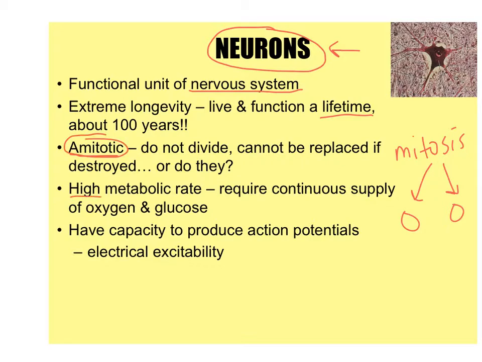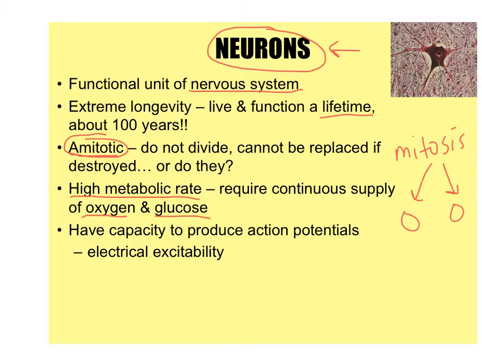What else do you need to know? They have a high metabolic rate. That's why a large percentage of the food you take in and the oxygen you breathe goes straight to the brain, because all those billions and billions of neurons in your brain, they need a constant supply of both oxygen and glucose, because they will run out of both under 30 seconds.